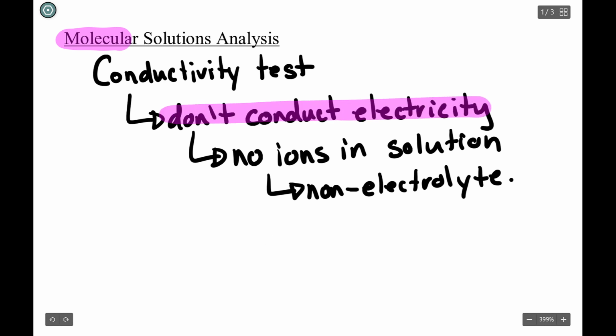So if I was told I've got 4 solutions, and we've run a number of tests on them, and one of the solutions doesn't conduct electricity, I can immediately say that that solution must be molecular, because the other types of solutions that did conduct have ions and therefore are not molecular.